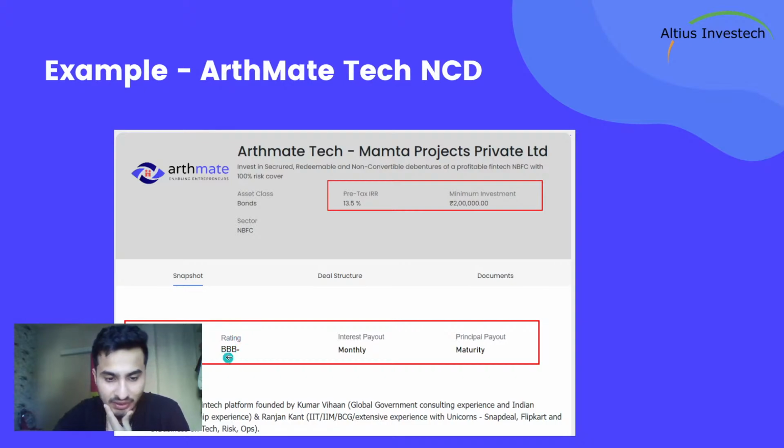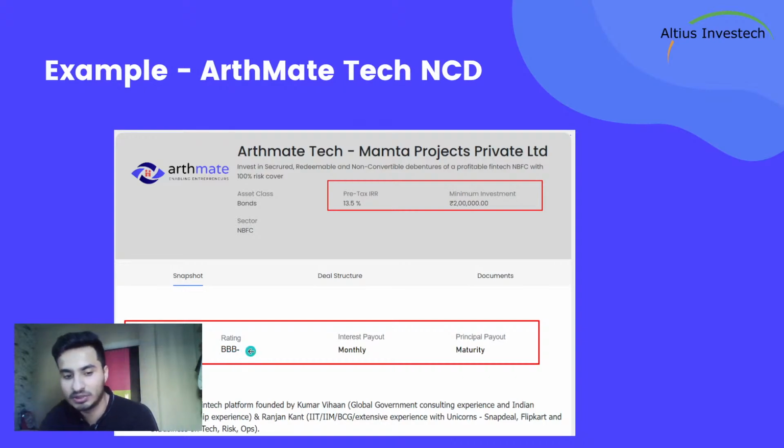The rating for this is triple B minus, which is considerably secure. They have also predetermined the payments that they will give out. You will receive a monthly interest payout of 13.5%, and the principal that you have invested you will receive on its maturity.